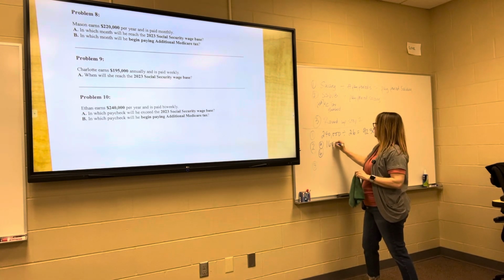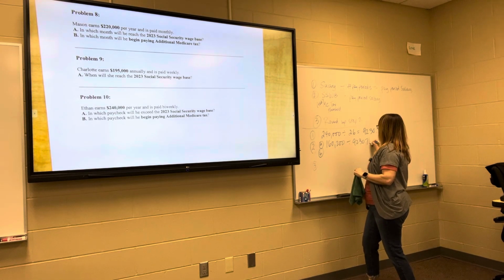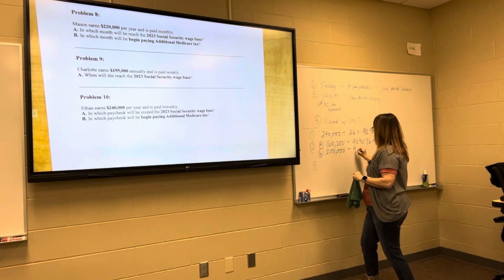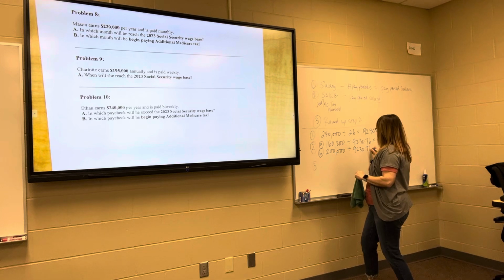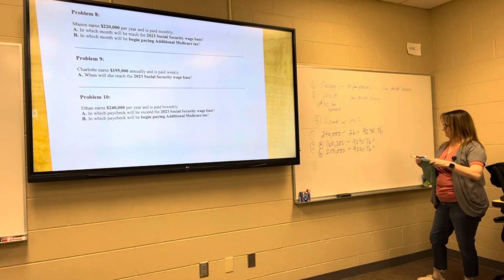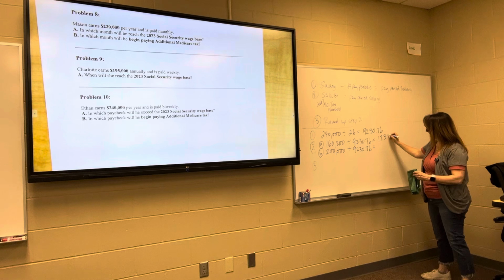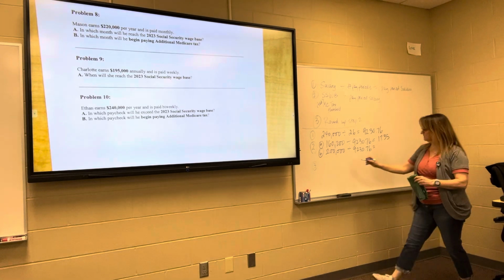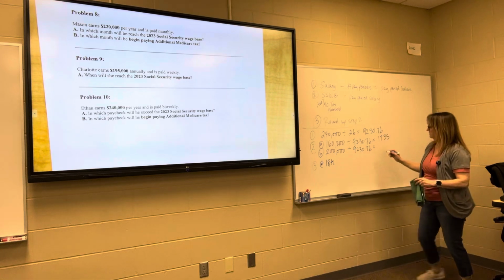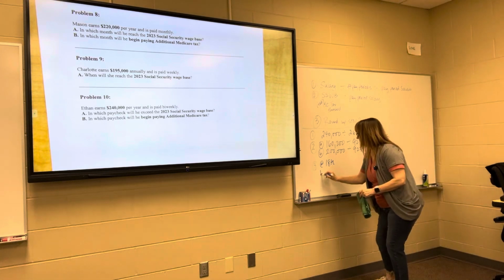So 160,200 divided by 92.30.76, and 200,000 divided by 92.30.76. 0.35? Yeah. Okay, so that's the 18th. 21.66. And the 22nd pay.